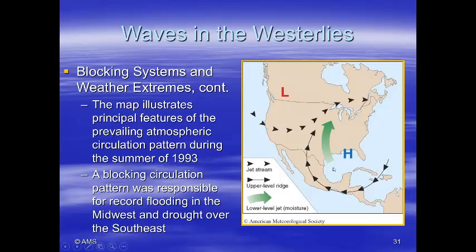Here we had a high pressure system and the air moving clockwise around that high pressure system, and we're bringing hot, moist winds onto the center of the United States, leaving a drought down in the southeast.